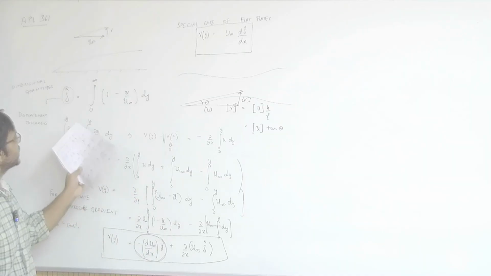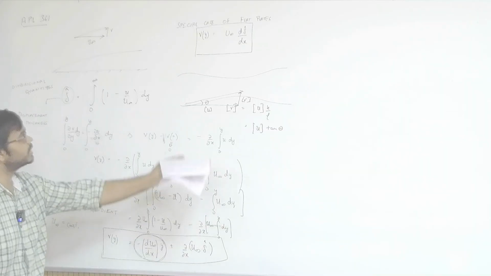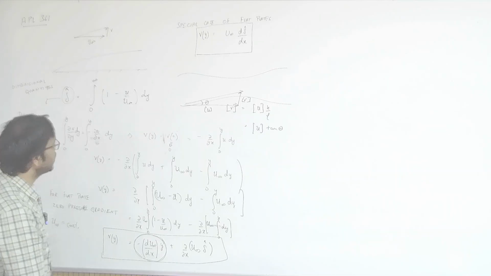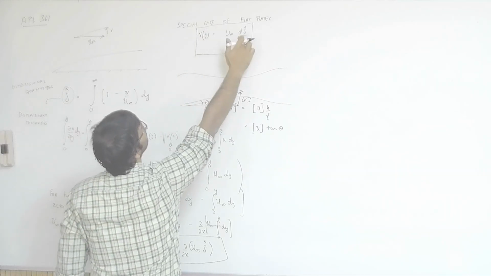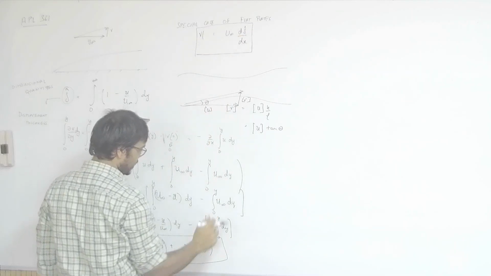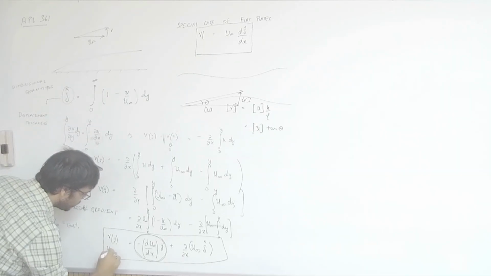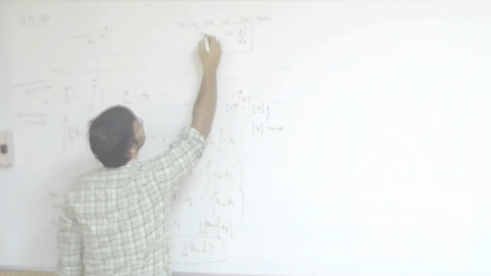No, this is outside the boundary layer. There is nothing inside the boundary layer that I have used so far. By the way, this becomes delta hat only when y is tending to infinity.